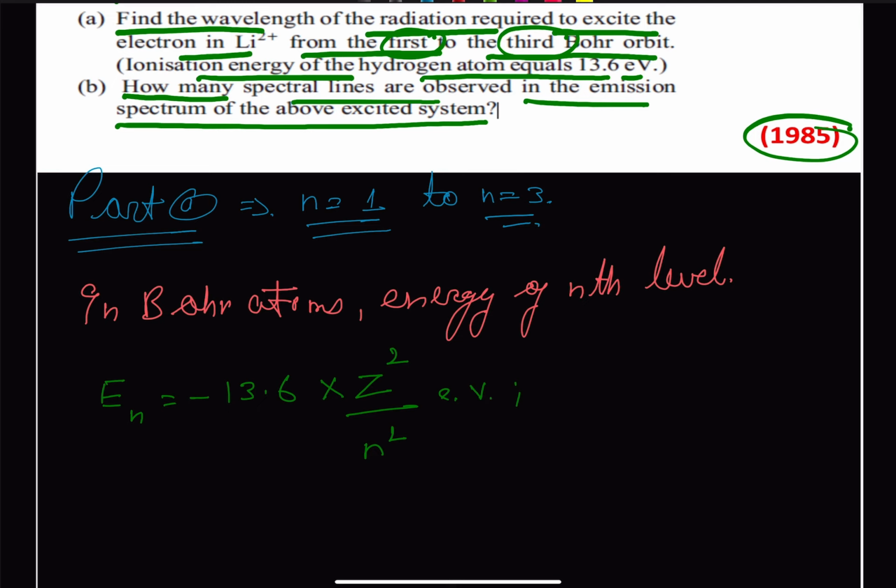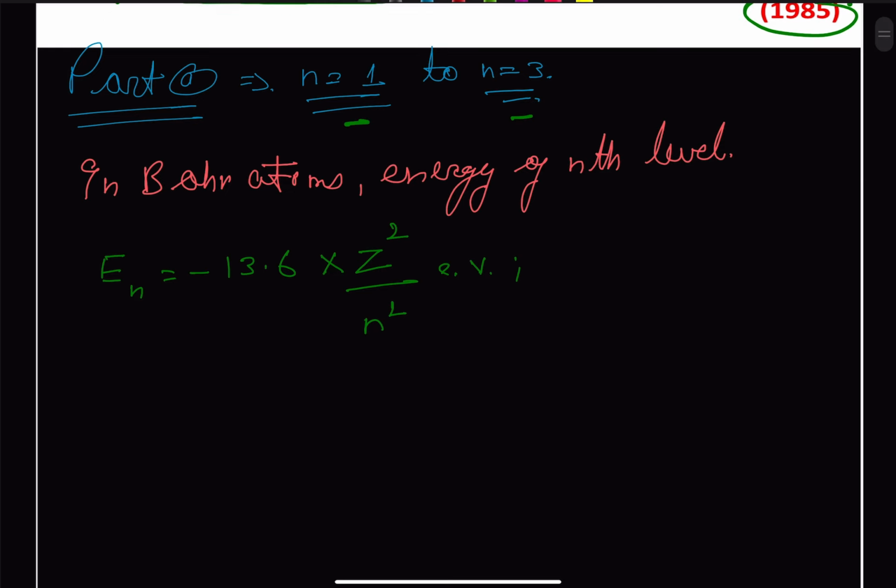We can apply this equation for n is equal to 1 and n is equal to 3. And for lithium, 2 positive, the value of Z is equal to 3.